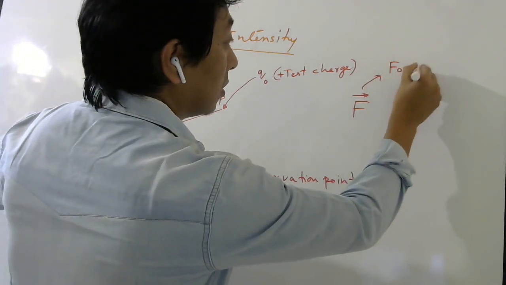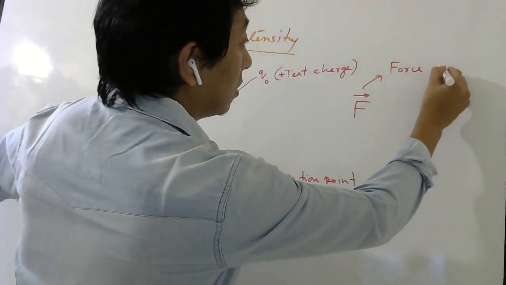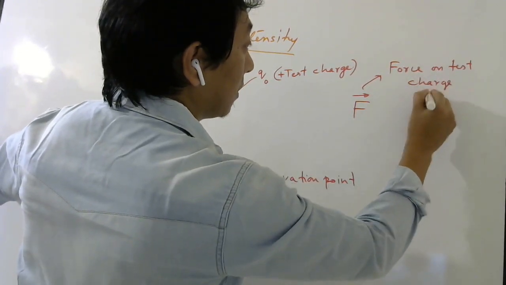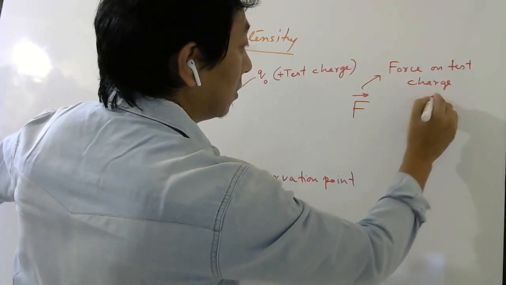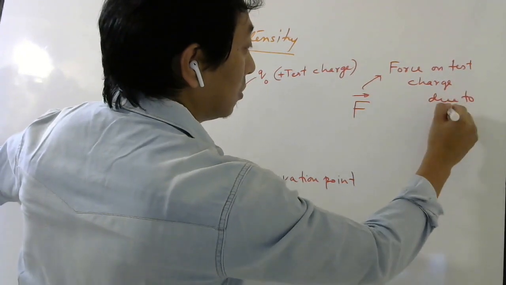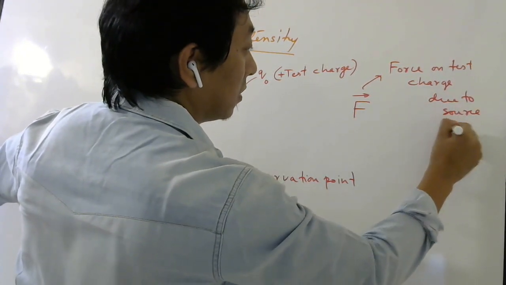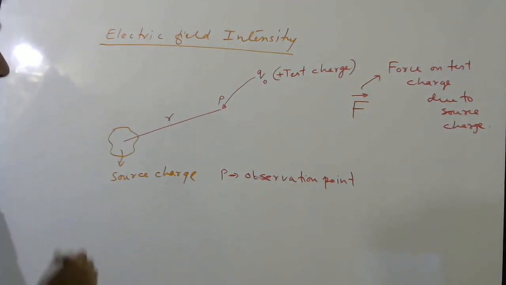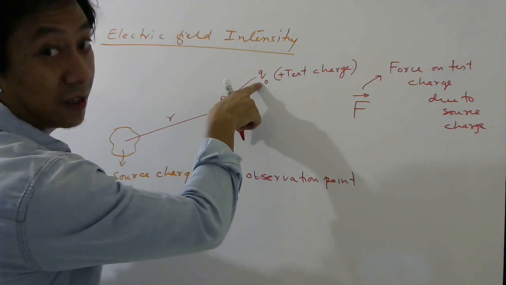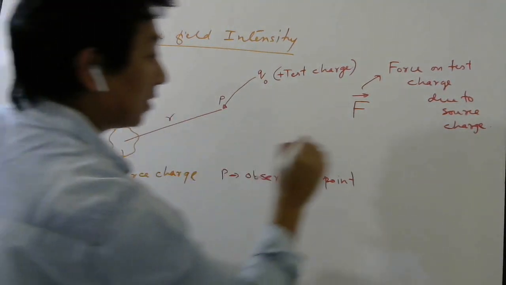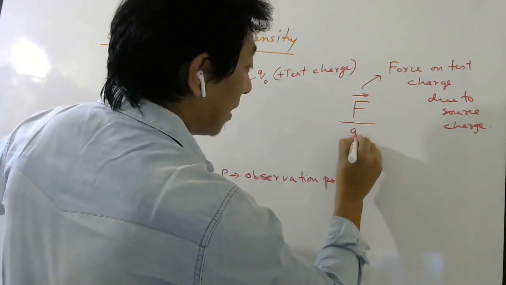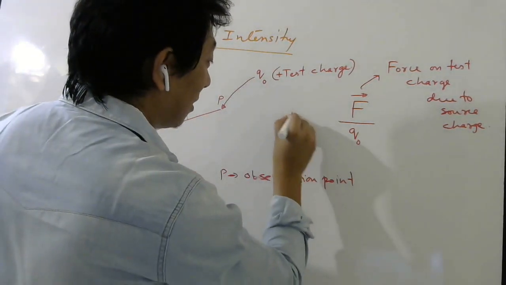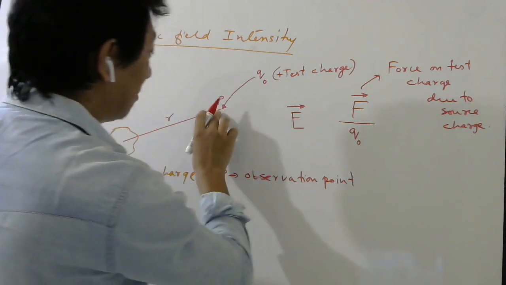Force on the test charge due to the source charge. Once you find the force on this test charge by this source charge, you divide that by the test charge, and that is the definition of the electric field at point P.